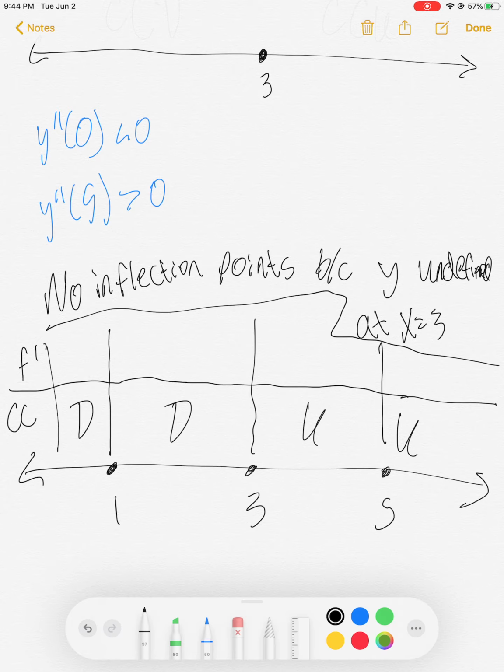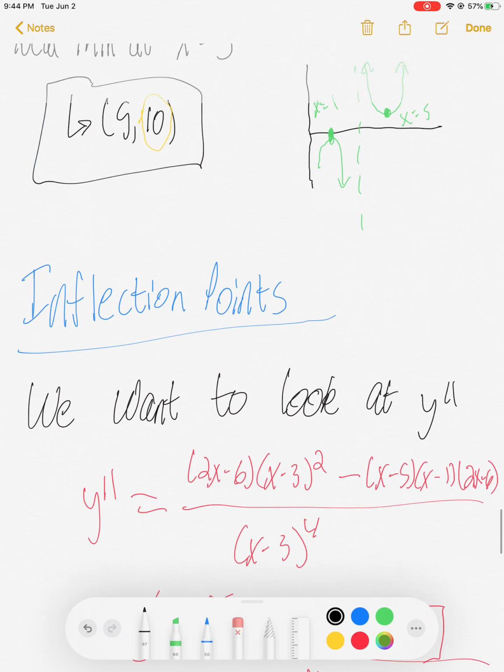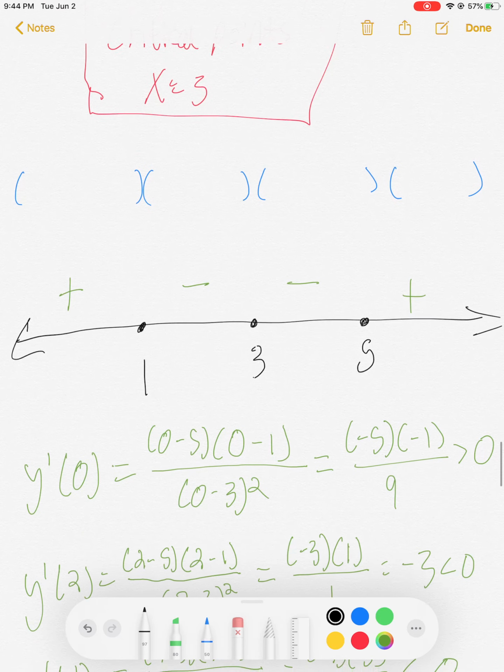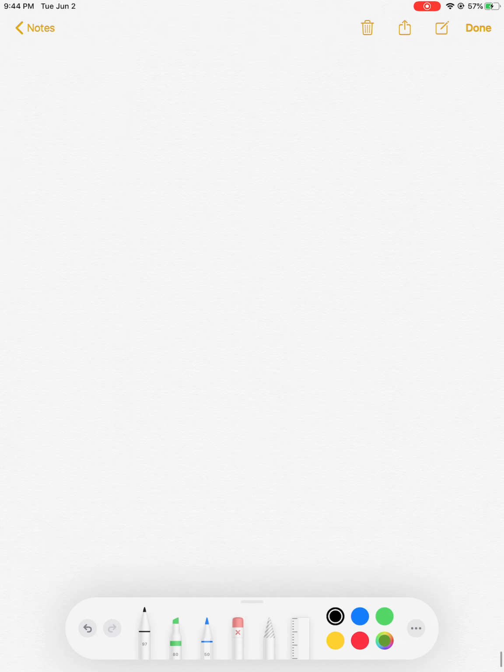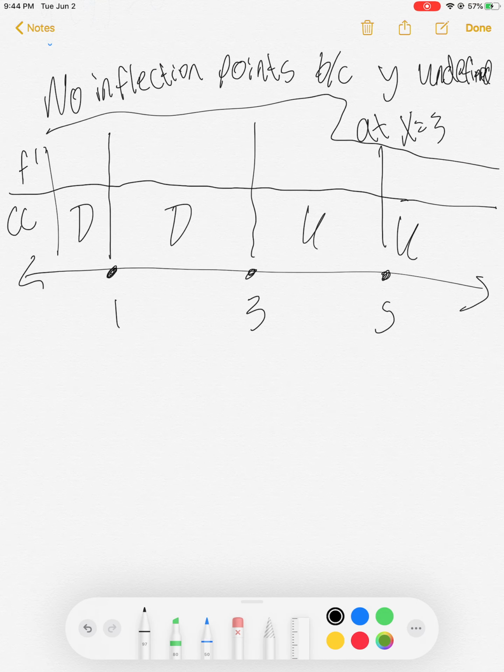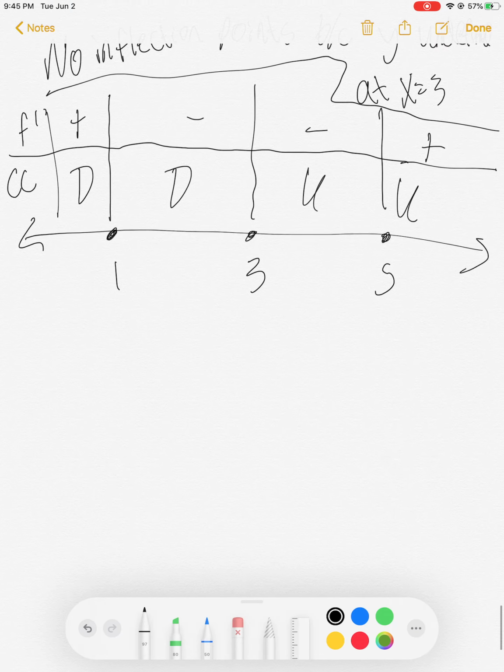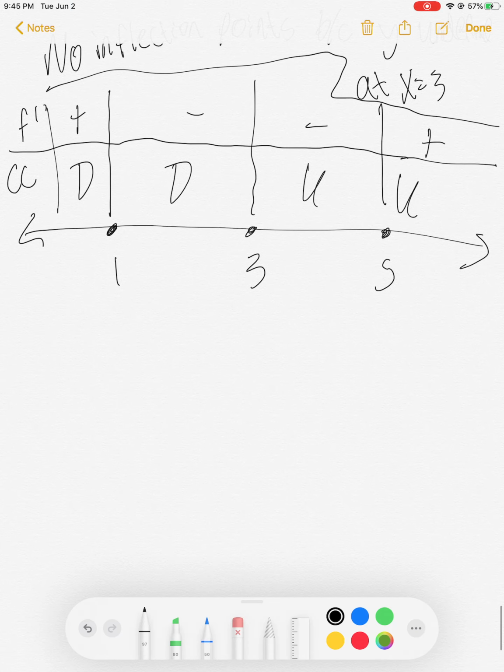Let's fill in this concavity part first. So it's concave down to the left of 3 and concave up to the right of 3. And now to the left of 1, it goes plus, minus, minus, plus.